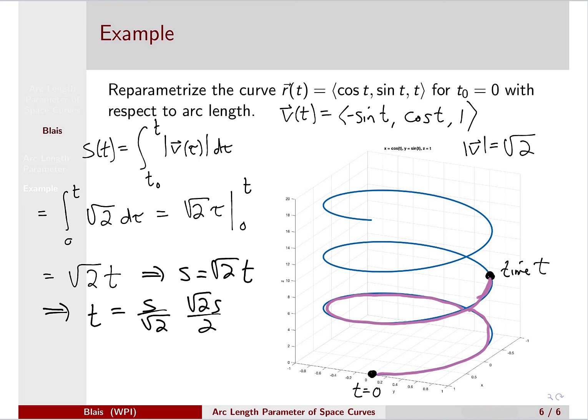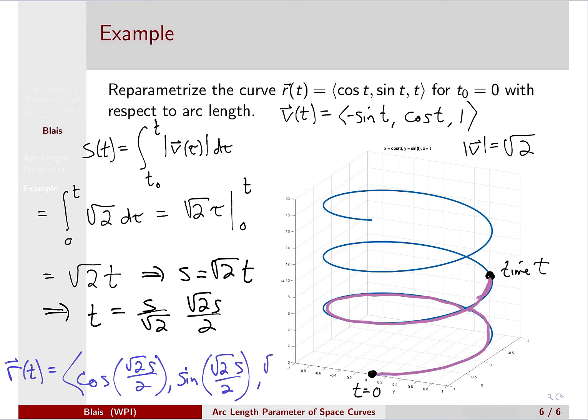That gives us r equals cosine of root 2 s over 2, sine of root 2 s over 2, and root 2 s over 2. And this now is a reparameterization of our space curve, of our position vector, in terms of arc length.